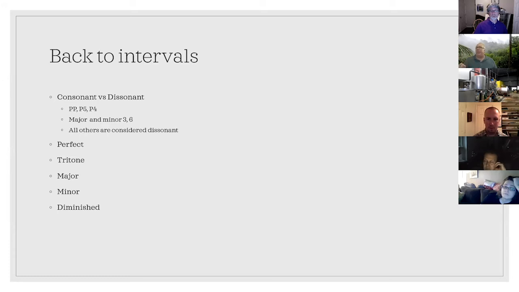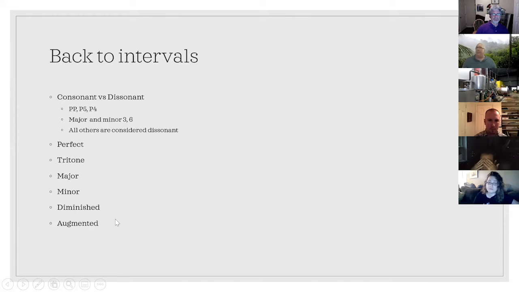So if you take a major third, and we lower it, and we lower it again, that's a diminished third. Do you see what I did? So if you take a major sixth, and you lower it, then that's a minor sixth, and you lower it again, and that becomes a diminished sixth. We'll go through examples like that in a bit. Okay.